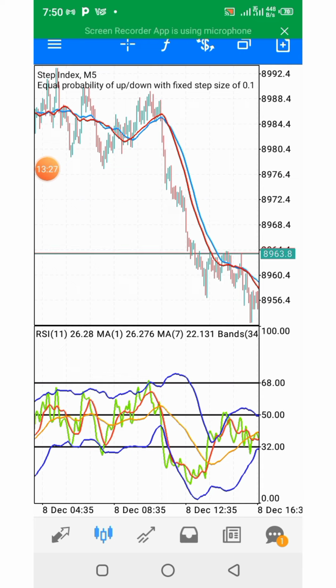It will touch this Bollinger Band here, and then this is the second confirmation if you want to really be in profit. You allow your first moving average to touch your Bollinger Band here, this blue Bollinger Band, and allow it also to cross your red moving average.